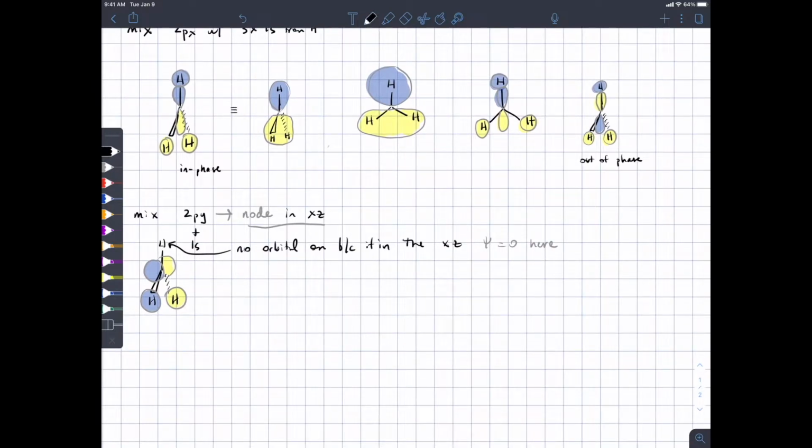And naturally, if you wanted to, you could draw the out-of-phase combination where everything would really be in the same place, only there would be a switch in the phases. So blue lobe in the front, yellow lobe in the back, yellow lobe here in the front, blue lobe in the back. So this is the kind of orbital that would have two nodes. There would be one here and another corresponding to the xz plane.